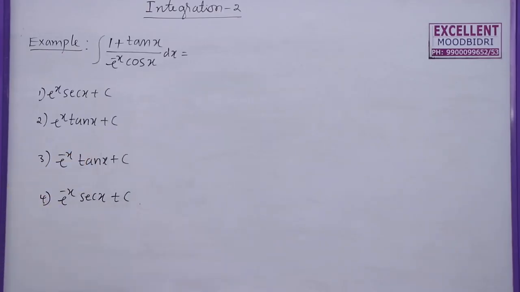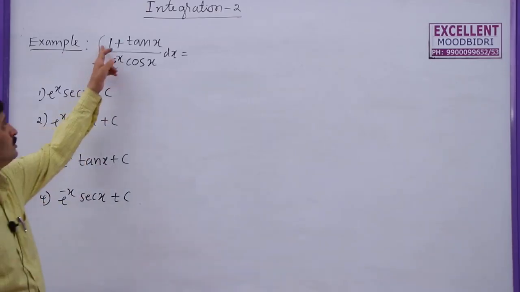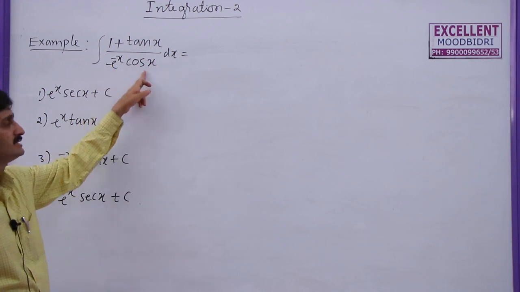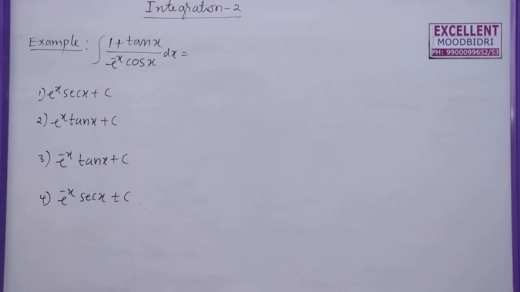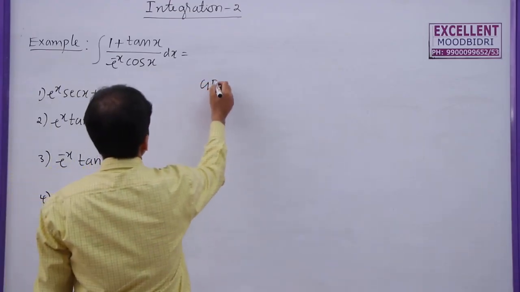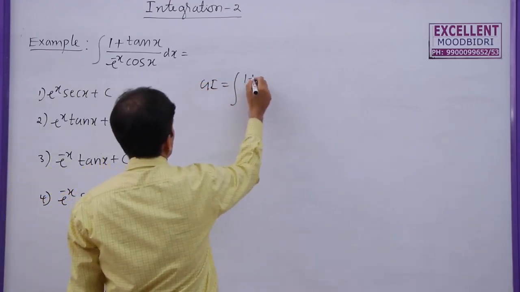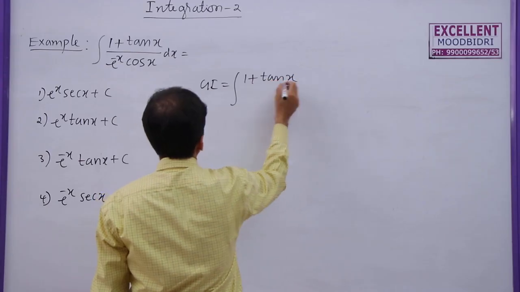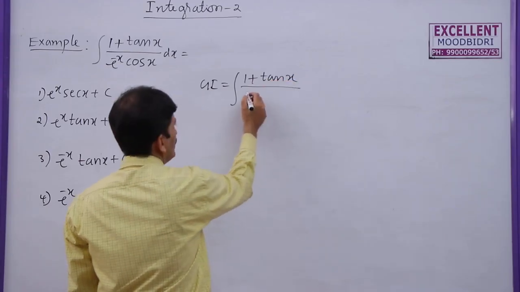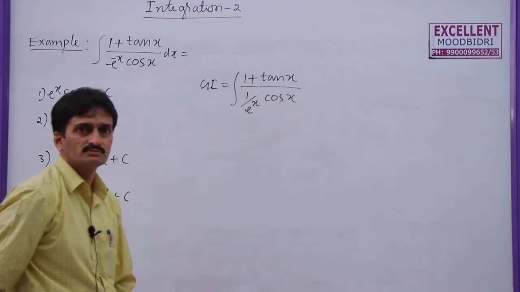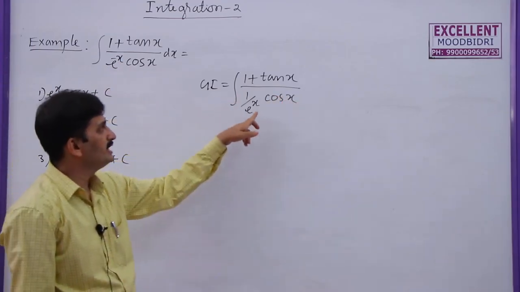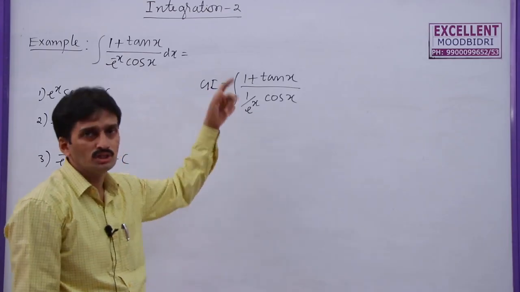Next example, integration of 1 plus tan x by e power minus x into cos x dx equal to. So 4 options are given. So given integral equal to 1 plus tan x by e power minus x is 1 by e power x, correct? Into cos x. E power minus x is 1 by e power x. Now e power x will go to the top.